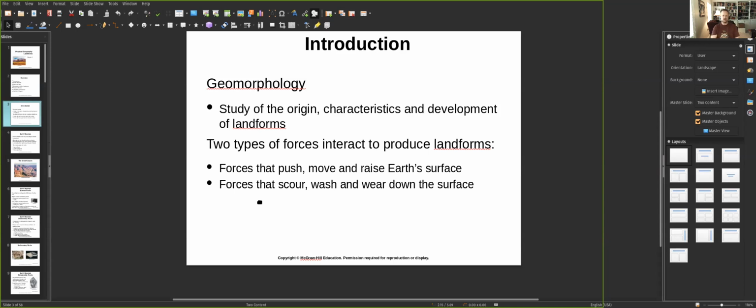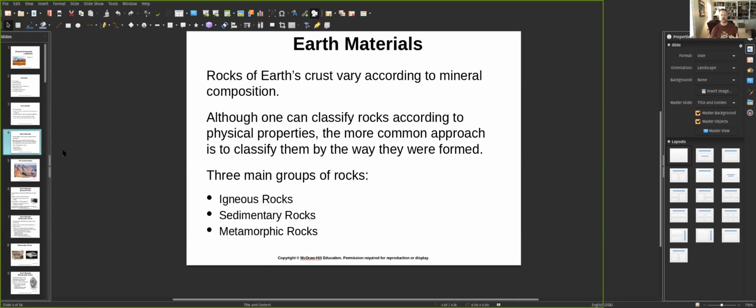And then there are things going on at the surface that begin to break those rocks down, the weathering processes. So we've got the forces that push, move, and raise the Earth's surface, generally called tectonic forces, and then the forces that scour, wash, and wear down, the weathering processes. These two types of processes generate the surface that we all live on.